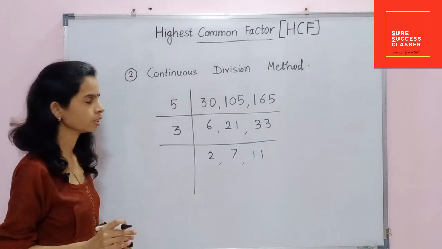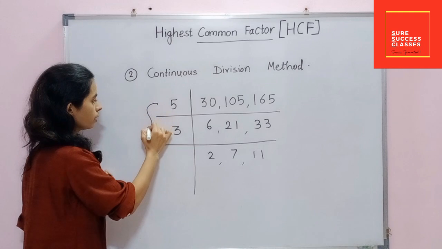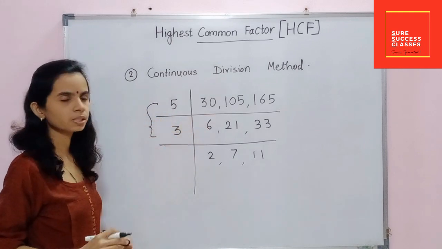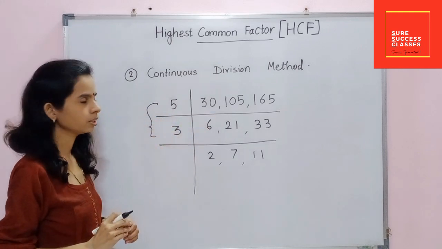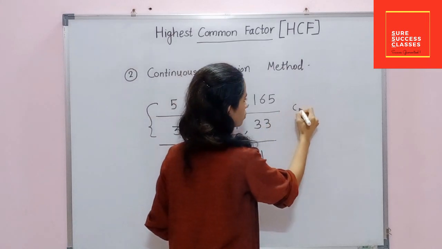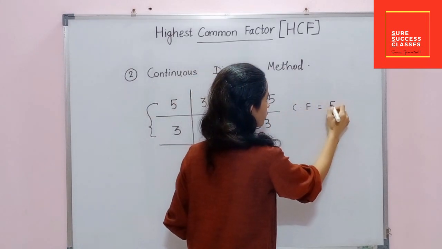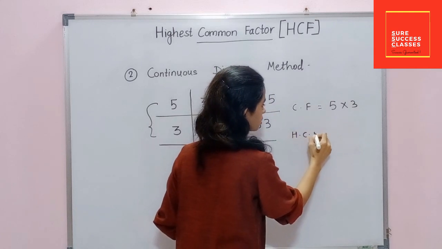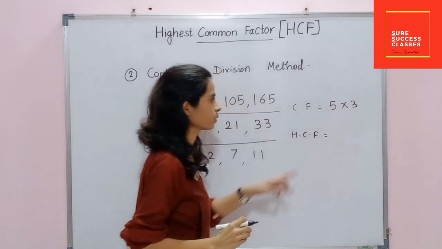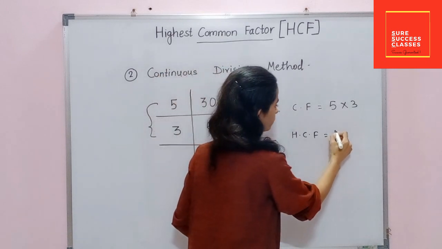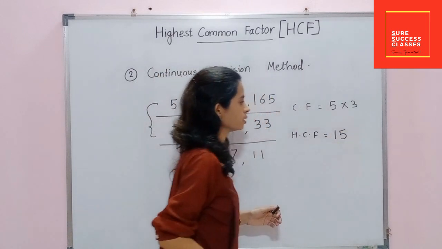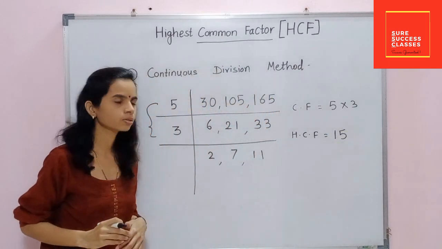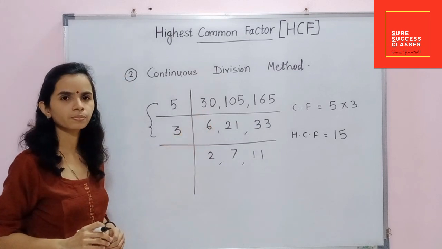So here we will stop, and common factors of these numbers are 5 and 3. So 5 and 3, and the HCF of these numbers will be 5 3s are 15. This is the highest common factor among these numbers.